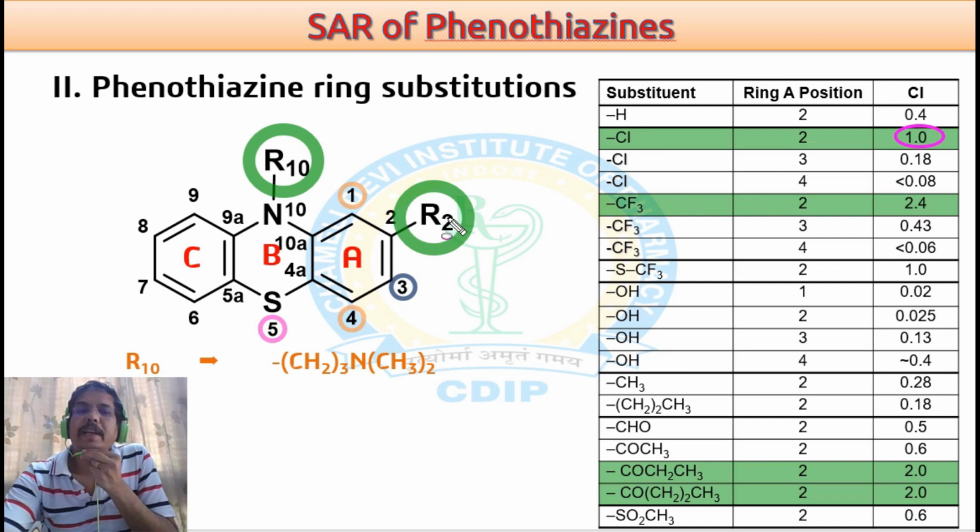If we replace the chloro by means of hydro, means that 2 position is unsubstituted, then the compound which is formed has the chlorpromazine index, that is 0.4, which is less potent.